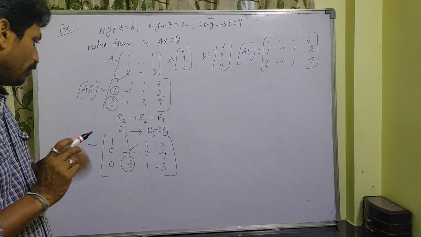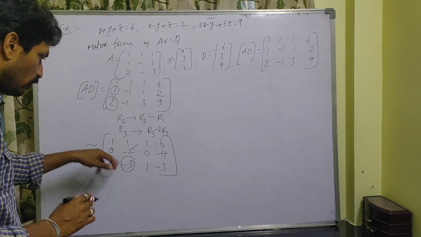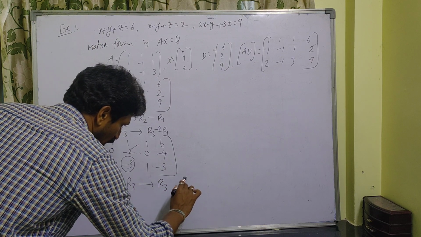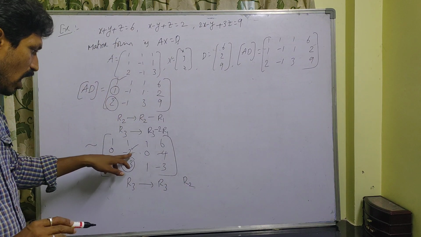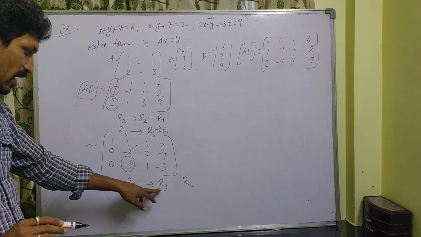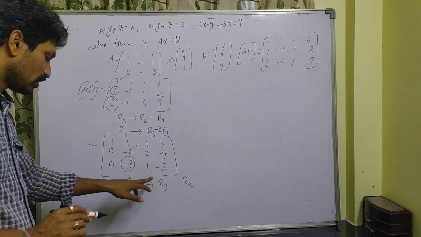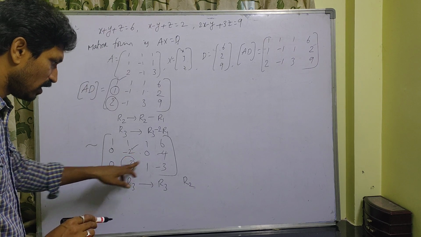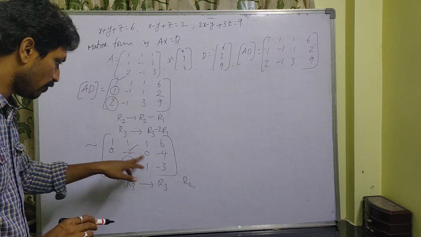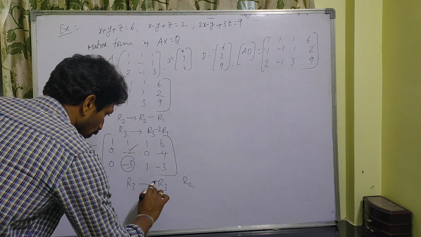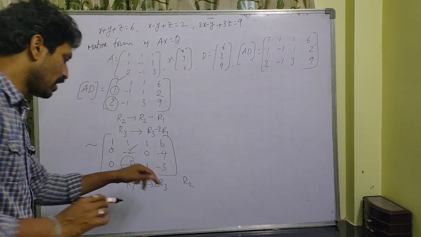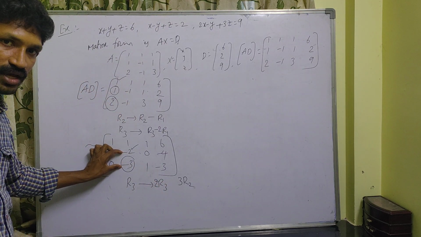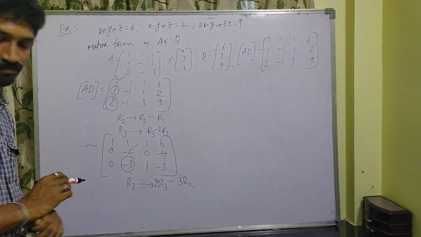See how to write this: R3 implies R3 and R2. The R3 entry is 3, which multiplies R2, and the R2 entry, 2, multiplies R3. Both have the same sign, both are minus, so keep minus again.